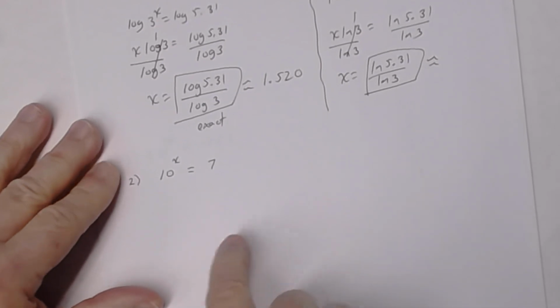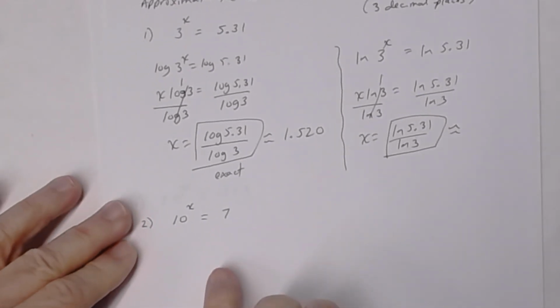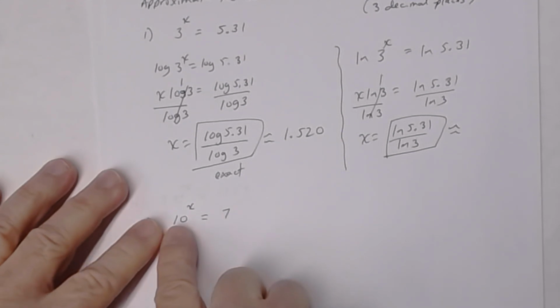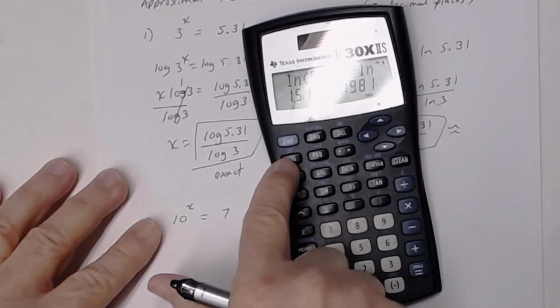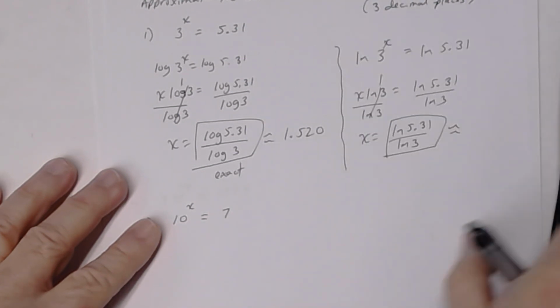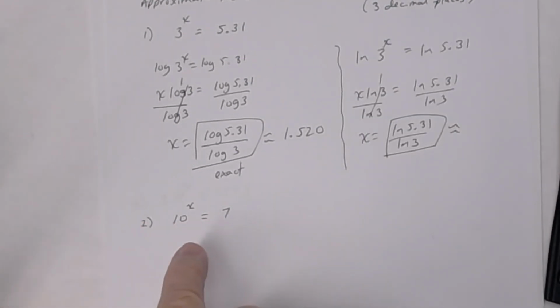Okay, now in number 2, when this is base 10 right here, it is so much more efficient if you use log, because that has base 10. It doesn't matter. You could have used common logarithm, you could use natural logarithm here.